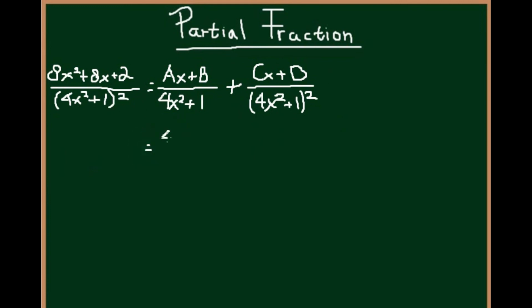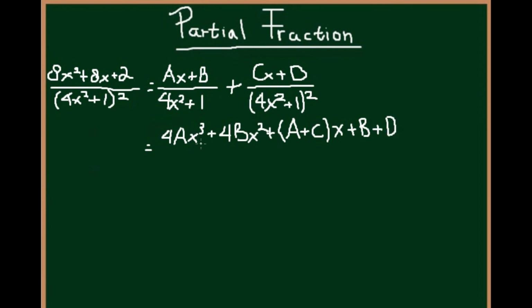And we got 4a x cubed plus 4b x squared plus a plus c x plus b plus d over 4 times x squared plus 1, squared.